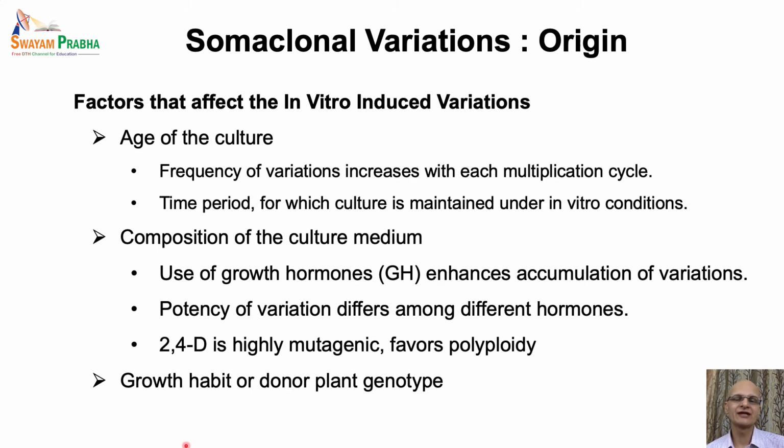Therefore, the nature of the genotype and their growth habits can influence the frequency of regeneration, and hence it directly affects the frequency or the capacity for the production of somaclones too.